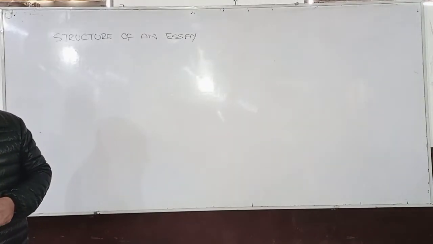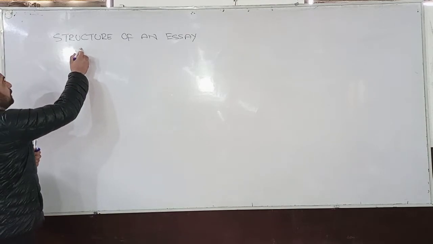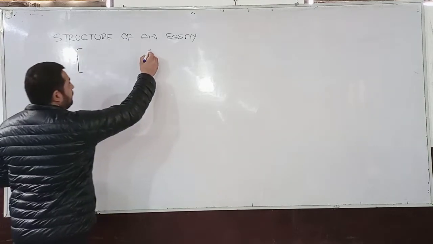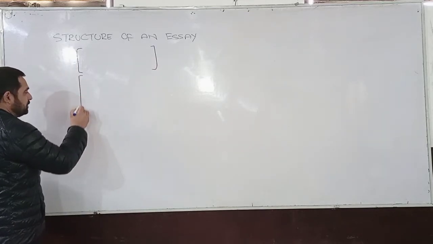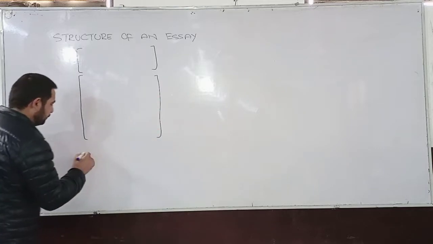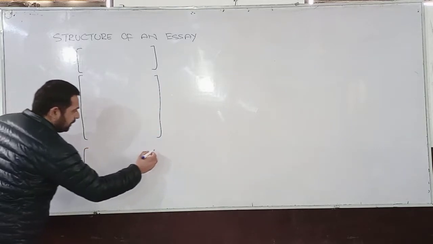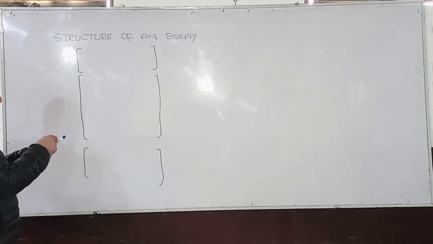So continuing. Though you know about the structure of an essay, since this has been a topic in 11th grade and 10th grade as well, an essay needs to follow a structure like an introductory para, body, and then what? A conclusion. All right.